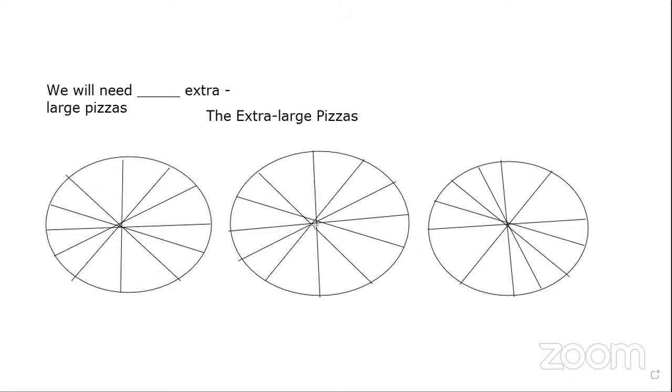So 12 plus 12, 24, plus 12, 36. 3 extra large pizzas will give us 36 slices.